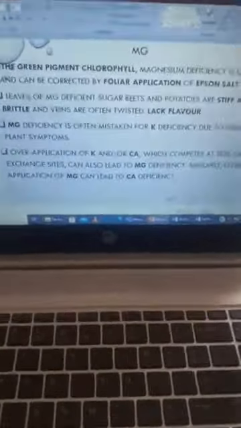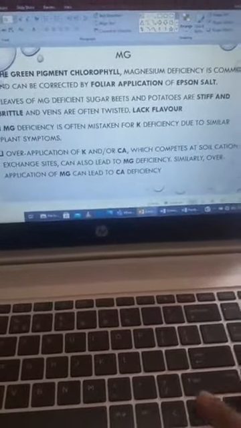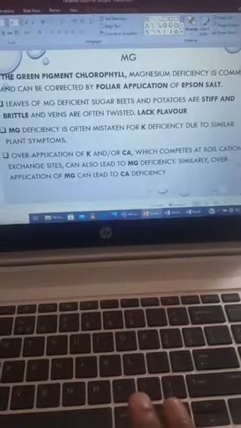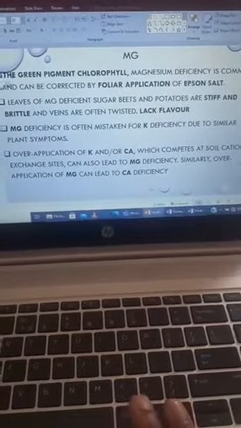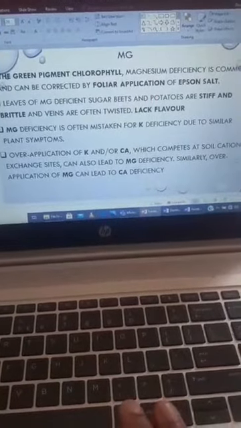So as I'm rushing towards the end now, we've also got magnesium. With magnesium, your plants will lack flavor if magnesium is short. Remember, I spoke about potassium.